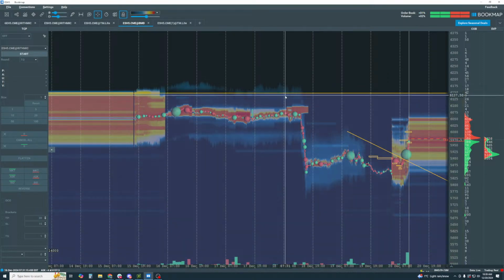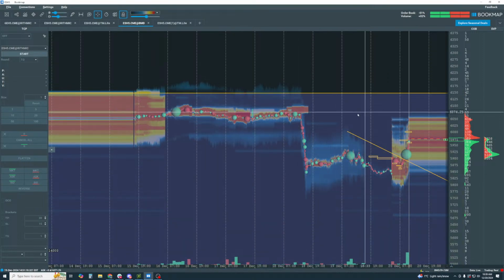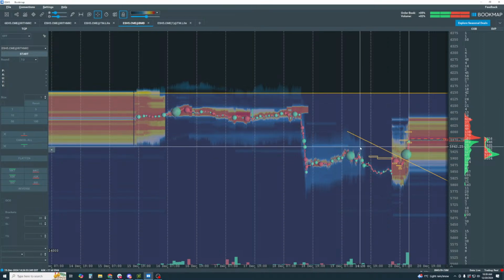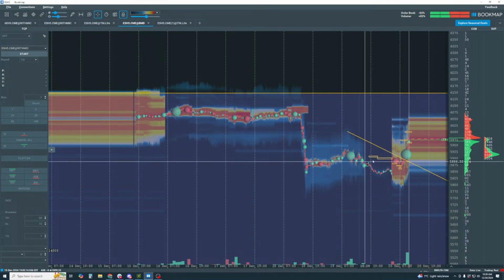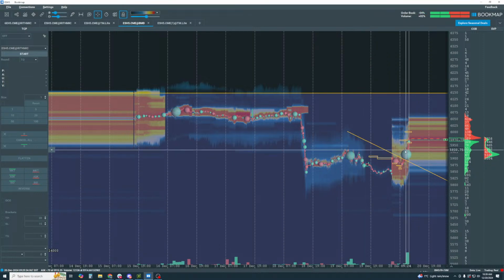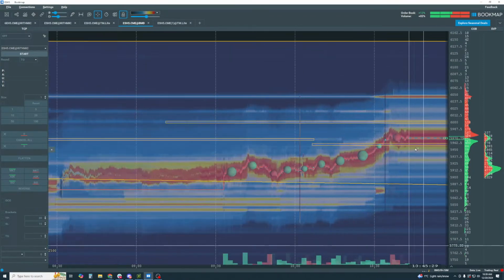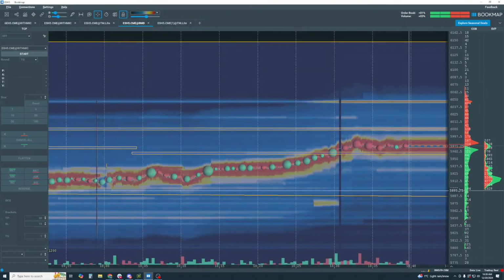We cannot deny the technical part of it, and we don't care what the data is necessarily. We care about what the traders and the order flow are telling us. Okay, and you can see, we can zoom back in here and take a look.